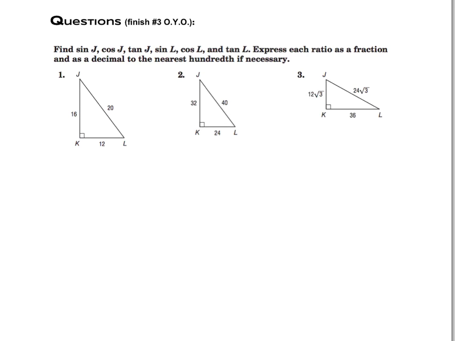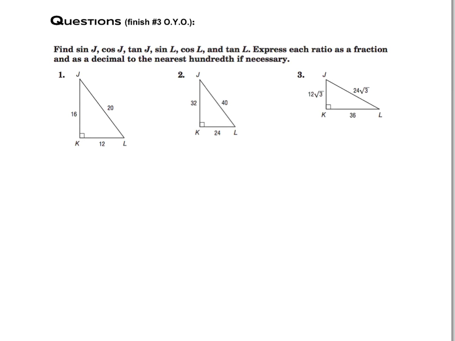But what we're being asked to do is, in each triangle, find sine of J, cosine of J, tangent of J, and then sine of L, cosine of L, and tangent of L. And notice, please, that the J and the L that it's talking about are always the acute angles of this right triangle. We're never going to be finding sine, cosine, and tangent of anything except for an acute angle in this right triangle trigonometry. So let's get started.